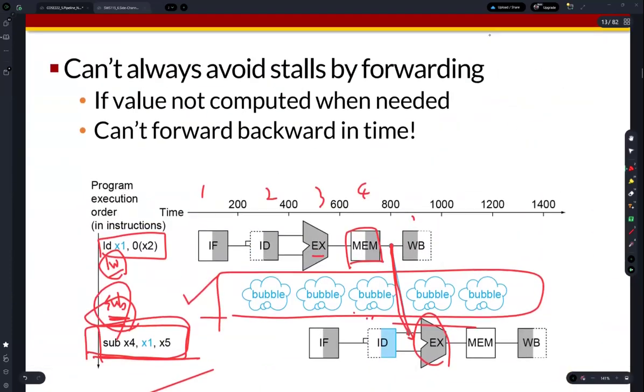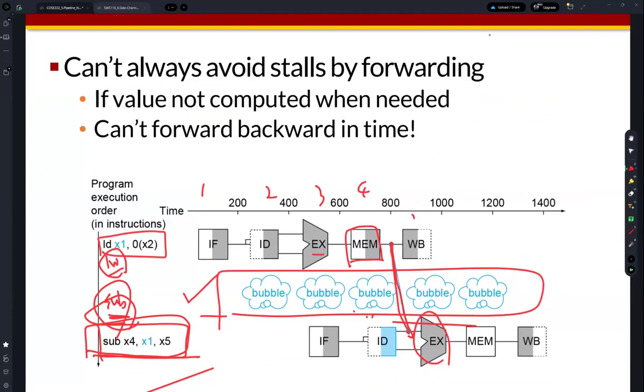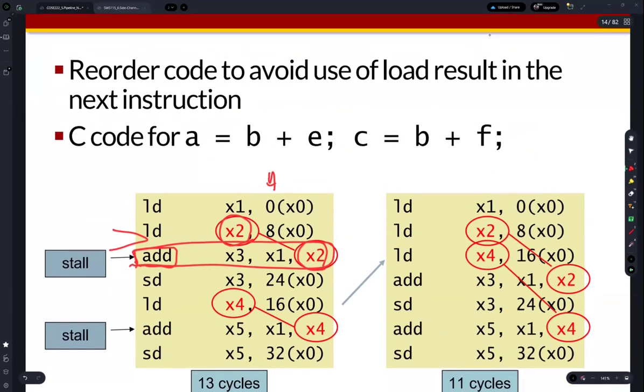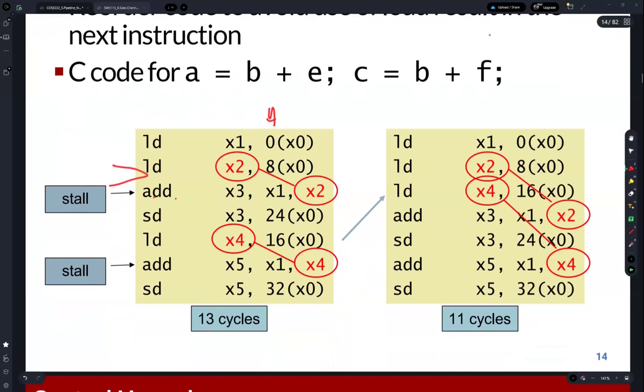If a processor needs to stop, then this is called a pipeline stall. Okay, so we can observe the pipeline stall for this add instruction. Also, we can find another load and add instruction pair. You can find X5 and X5. So for this code, we can observe 2 clock cycles are wasted.